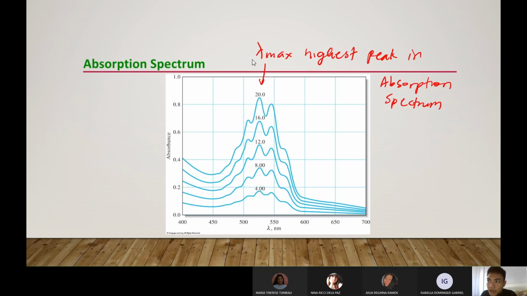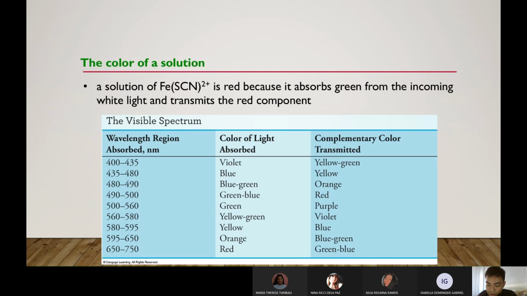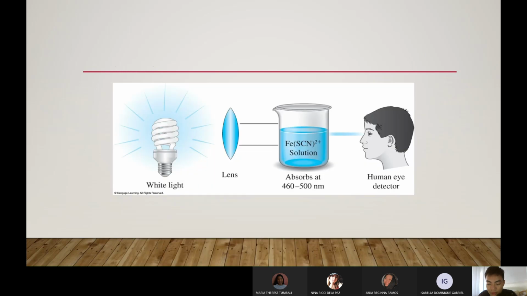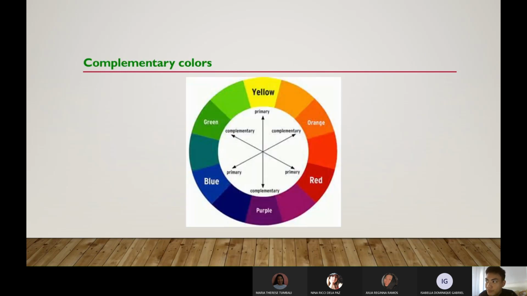So, ano ba yung meaning ng lambda max? Ito yung point kung saan mataas yung absorbed light. Ito yung wavelength kung saan mataas yung kanyang absorption. Okay. So, may kinalaman ba yung color na yan sa nakikita natin? Yes, no? Remember na ito yung ating colors, color wheel. Kunwari, nakikita natin yung object as green.